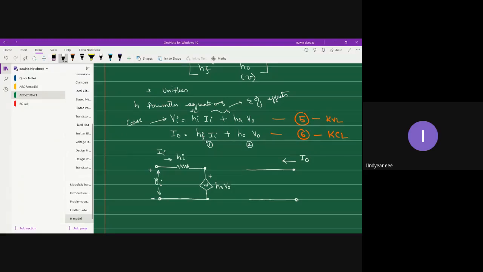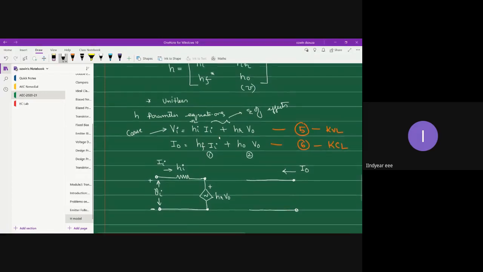Now, if you look at the first component, what do you get? You have HF into II. As I have already told you, HF, see star mark, it is unitless. So basically, you're multiplying a dimensionless entity with the current. So it is some dimensionless gain into current.